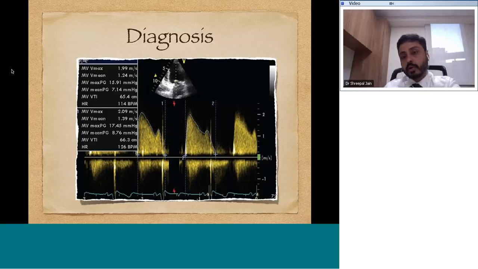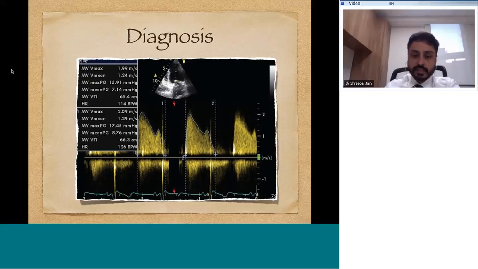Echocardiography is the most important tool for assessing the type of mitral stenosis, the severity of mitral stenosis, and even deciding on the treatment modality. 2D echocardiography can help you in evaluating the anomaly of the mitral valve.